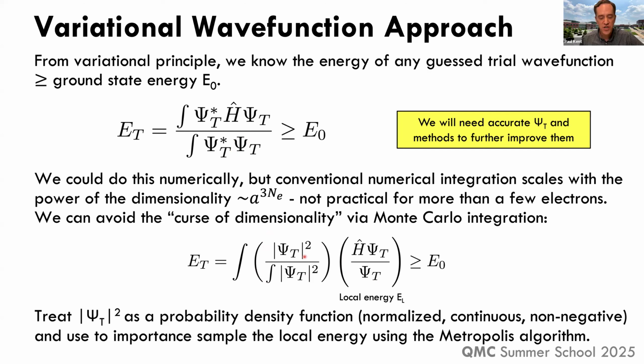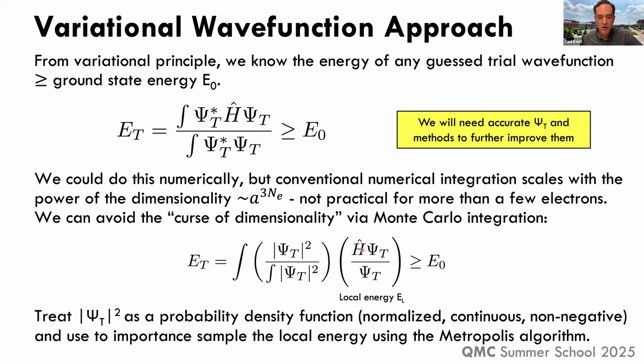We've got the modulus squared of the trial wave function, so it's positive definite. And this has been appropriately normalized, so this is going to integrate to 1. So in other words, this is a probability density function that we can use in textbook Monte Carlo. Now, what is this other term? This term is actually a scalar.